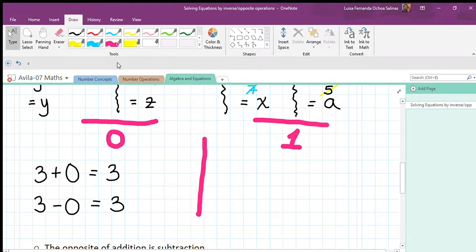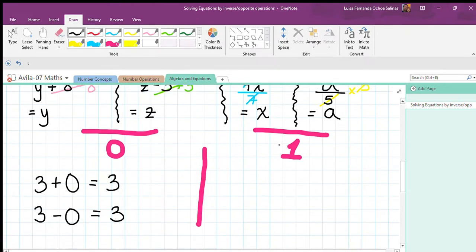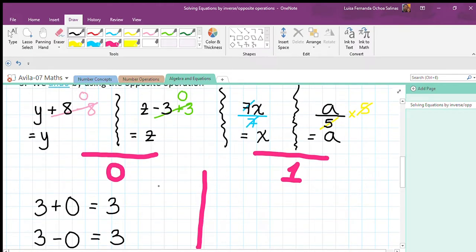So let's say that now I have my same 3, but I want to multiply by a number that doesn't change the 3. If I multiply by 0, if I do 3 times 0, I'll get 0. So I change the 3. I don't want that to happen. I want the 3 to stay the same.